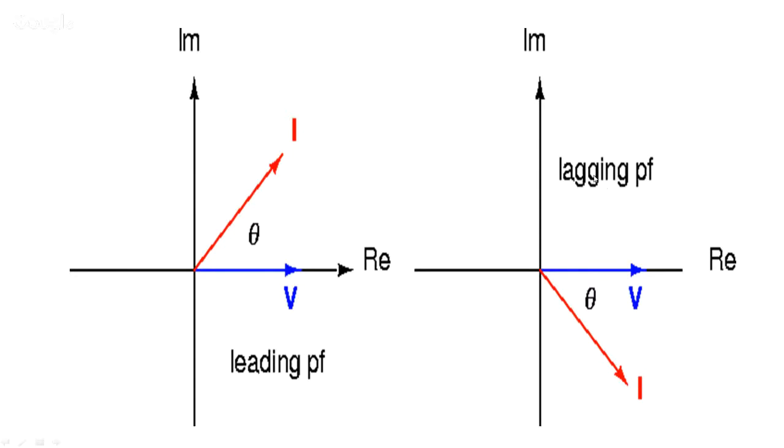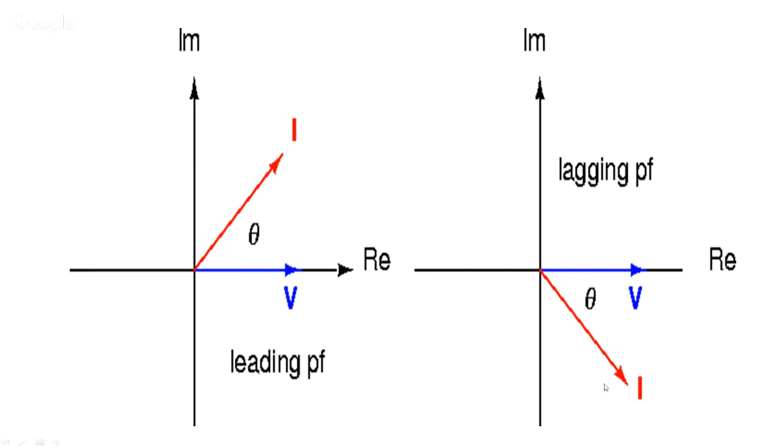If you assume anti-clockwise rotation of the vectors, first there is the voltage, and following the voltage, the current is present. That means the current is lagging behind the voltage by an angle theta. Therefore, it is lagging power factor in such a circuit.